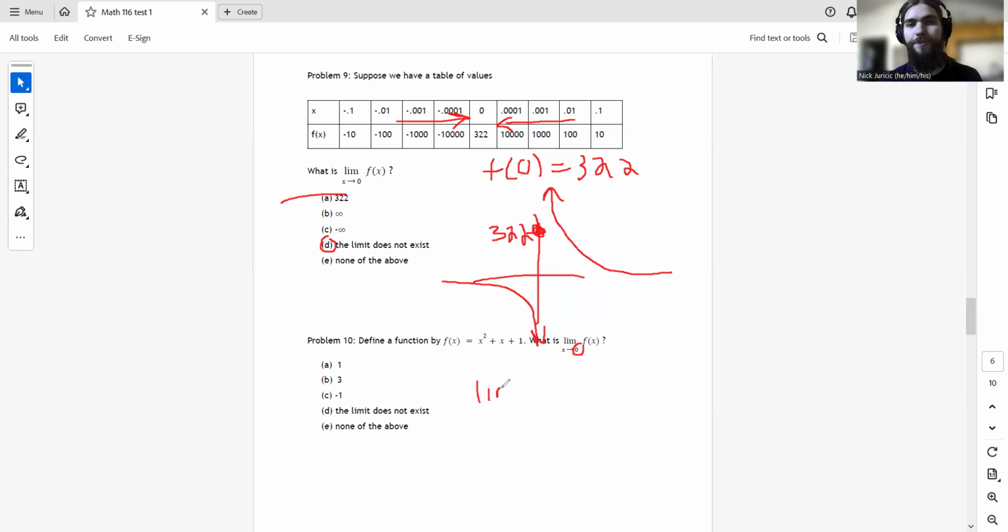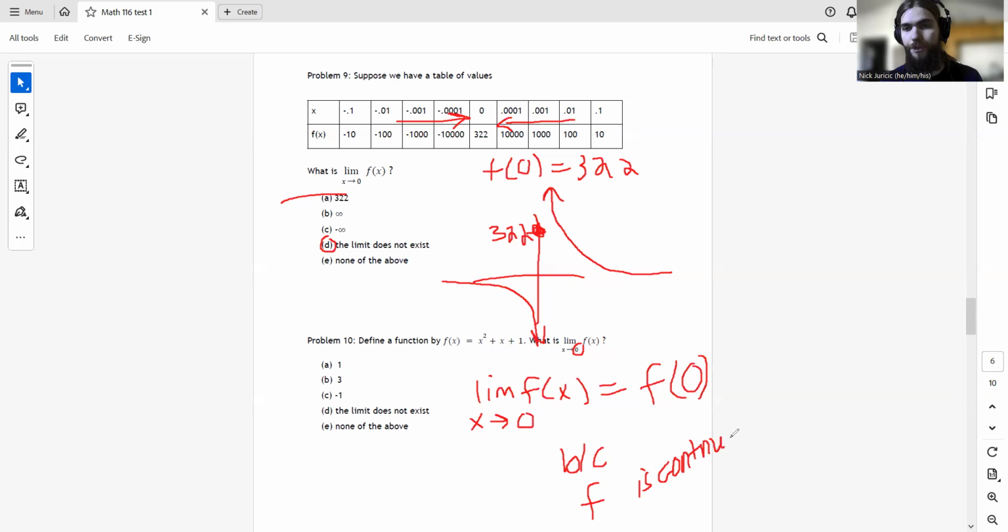So in this particular case, we can say that the limit as x approaches 0 of f of x is indeed equal to f of 0 because f is continuous. All polynomials are continuous. A quadratic function is an example of a polynomial.